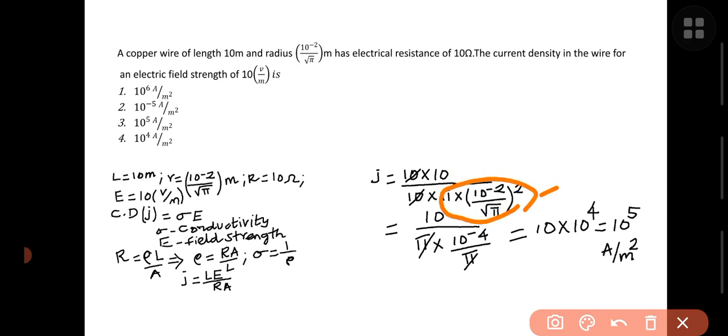So this is the area of the circle, so pi r square is the formula. R is given, so substituting, we get 10 into 10 power minus 4, which gives 10 power 5 ampere per meter square. So this is the answer for the question. So the right answer is 10 power 5 ampere per meter square, option number 3.